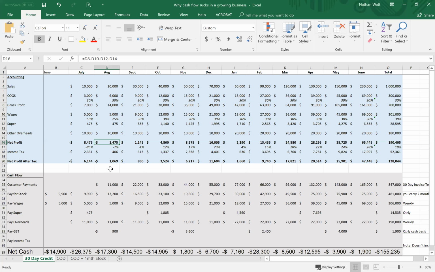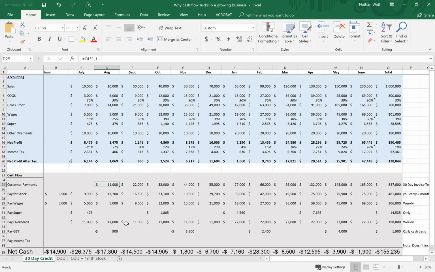In August, we received the cash from July sales, so $10,000 of sales, $1,000 of GST. We pay for the stock, we pay for wages, we pay for the overheads, and now we've got to pay June's BAS, or lodge June's BAS, and that's a refund of $900 being the GST on the stock amount that you purchased back in June. So net cash for August is minus $17,300.